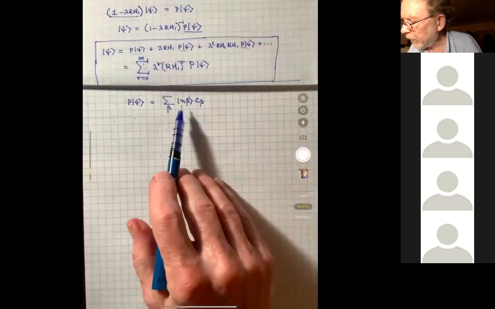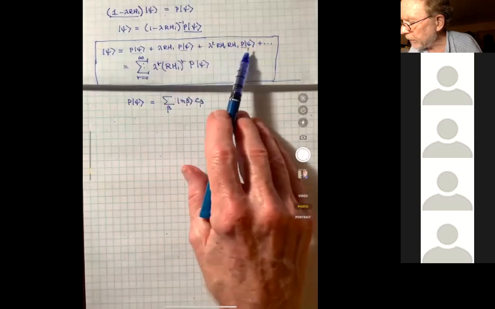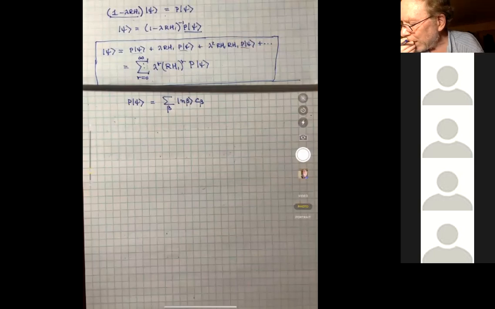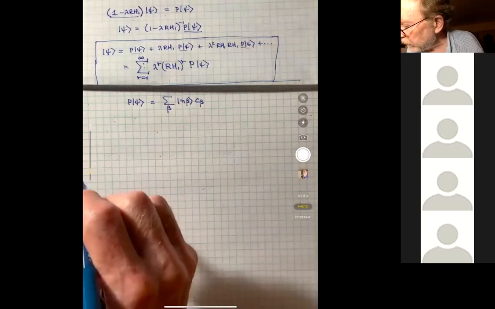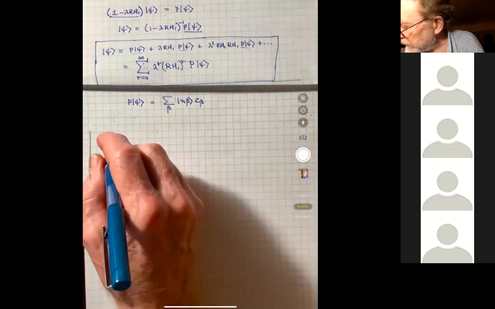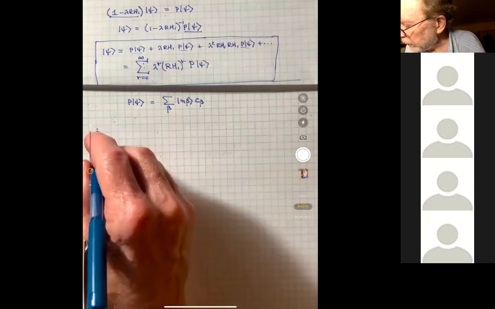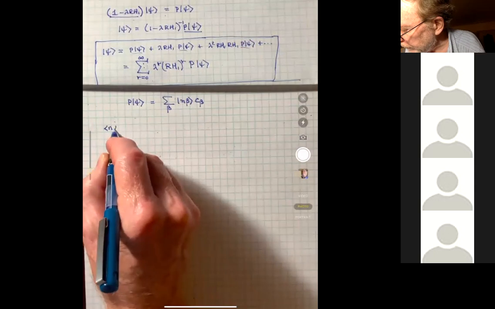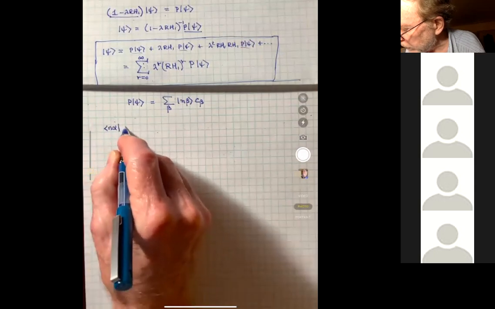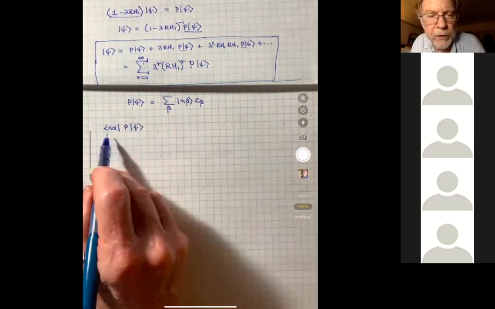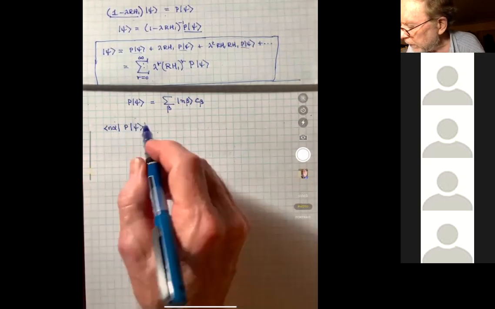Whatever it is, there must be an expansion like that. So that's something that I can plug into all these P psis that I see up here on the right-hand side. Now, let's see. Here's something else we can do. Yeah, so before I leave this equation, let me do this. Let's take this equation and multiply on the left by one of the unperturbed eigenstates, n alpha.